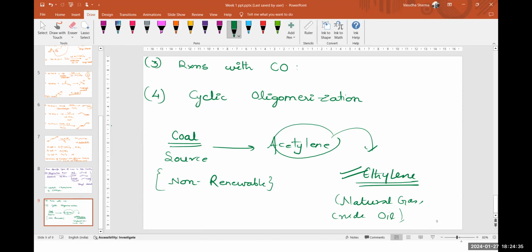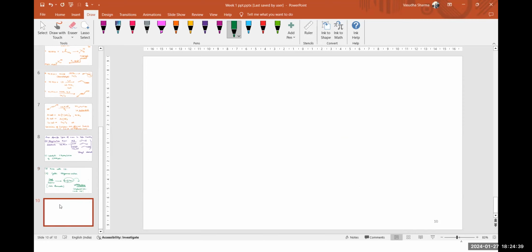So now we will take up further. Since we are talking about Reppe synthesis, we need to understand the different types. We will discuss the four specific types of reactions in detail.